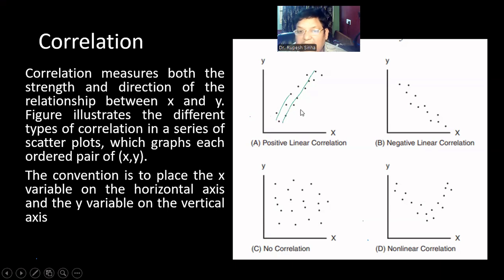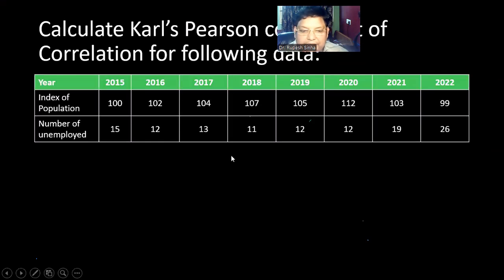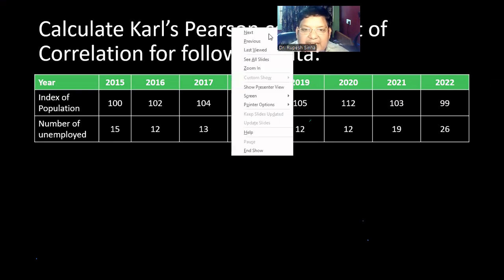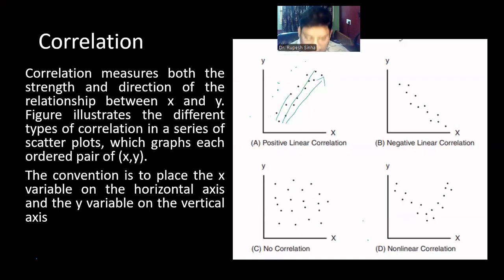If it has been asked, you draw the scatter plot between a given pair of variables and try to understand how the relationship is. One more thing, if these dots are going in this direction, but not very close, if they are very much scattered, then you can say that correlation is positive, but it is not strong, it is moderate.